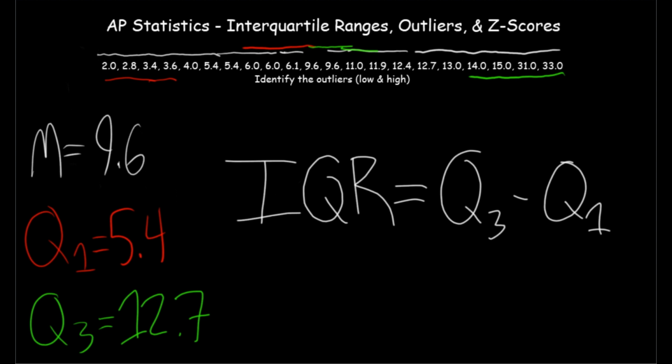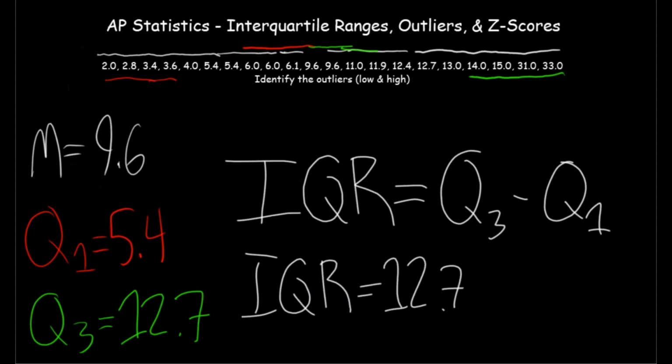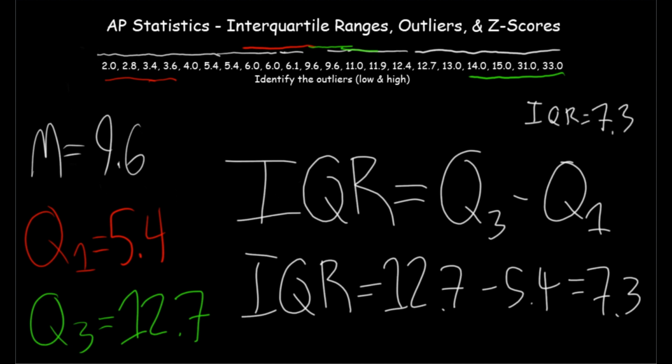So to find the interquartile range of this data set, you're going to do 12.7 minus 5.4. If you want, you can put this into your calculator. You don't have to if you can solve it in your head. But this would give you 7.3. And actually, we can write that to the side. IQR is 7.3.